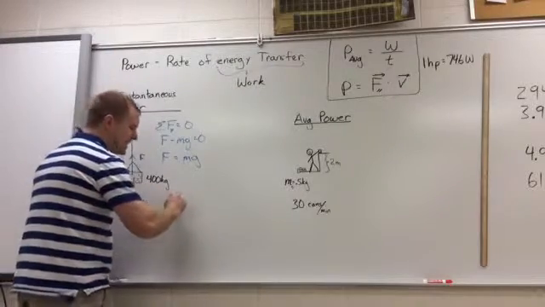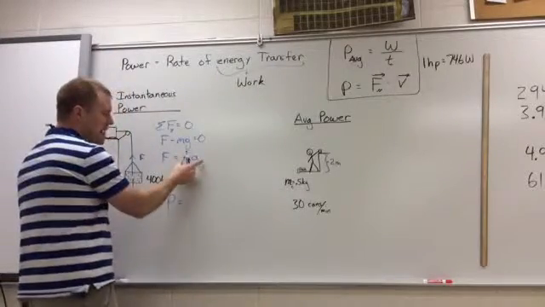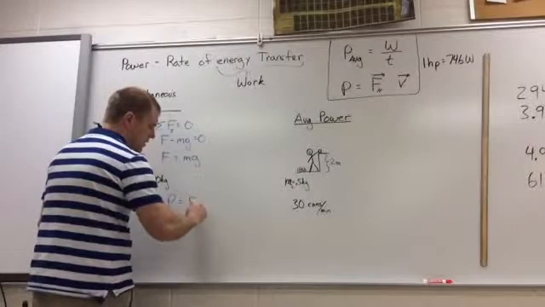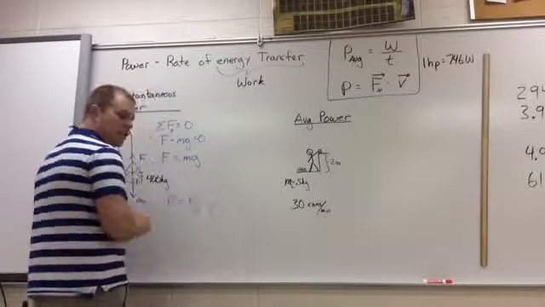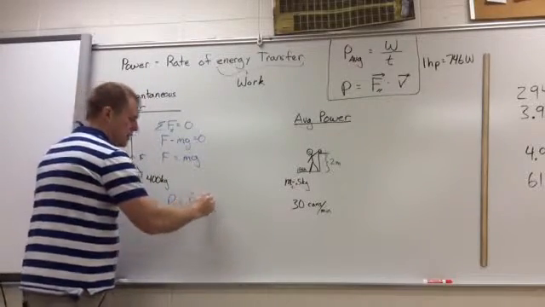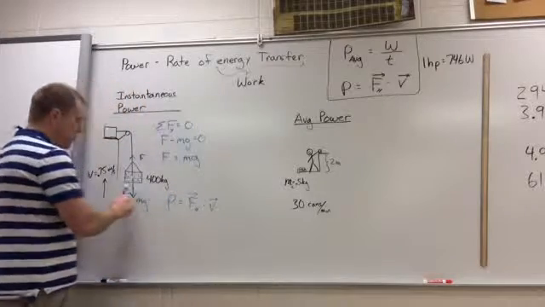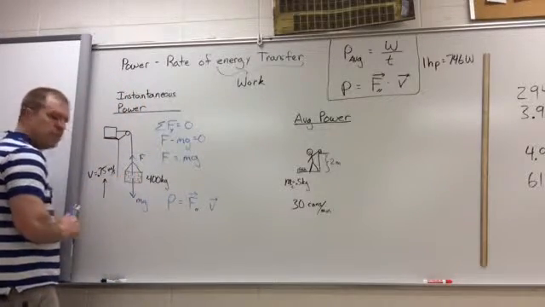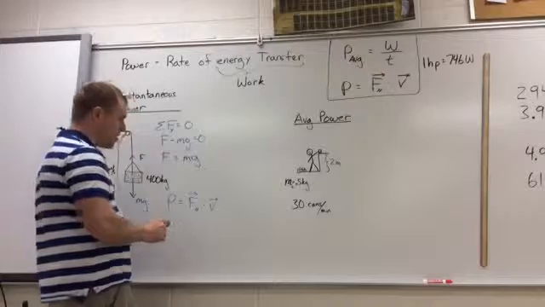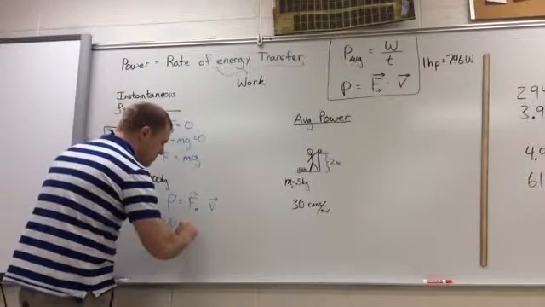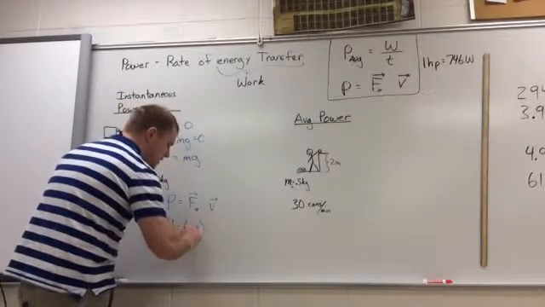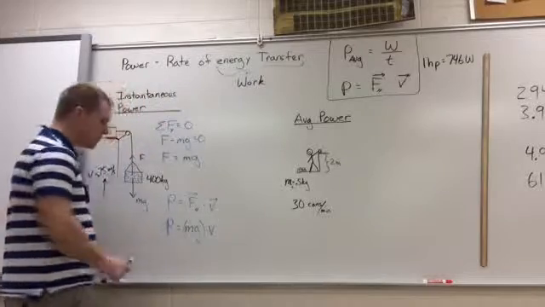Now in order to find my instantaneous power, I'm going to take that force, as long as it's in the same direction as my motion. These are directions, and they're both going up. The force is pointing up, and so is the velocity, so we'll make those both positive. My instantaneous power is going to be mg times my speed.